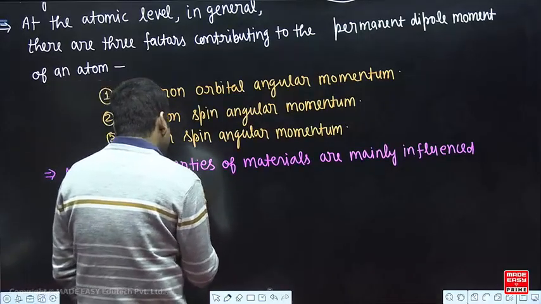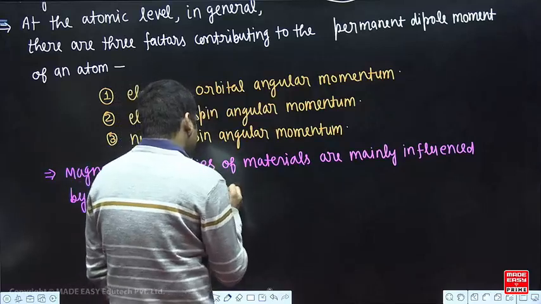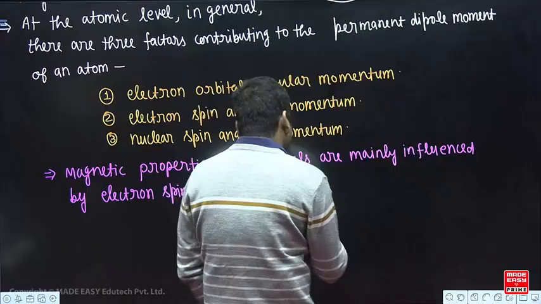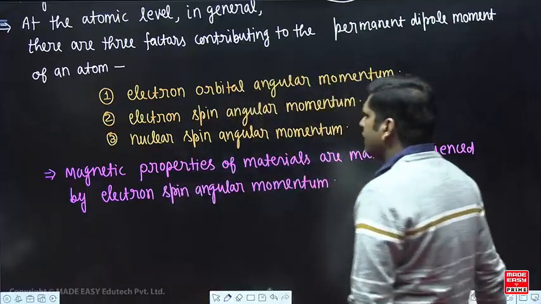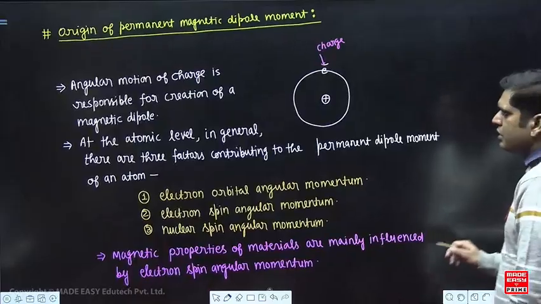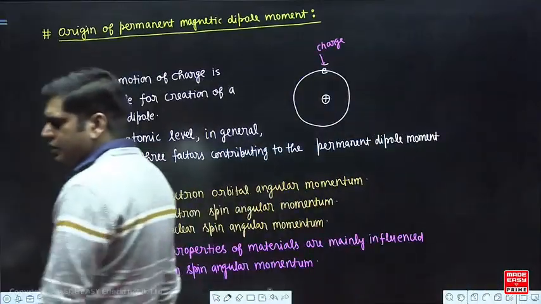The remaining two we can neglect, although they are also contributing. If in general they ask for all the components, then you have to consider all three. Otherwise, the remaining two can be neglected and electron spin can be considered.